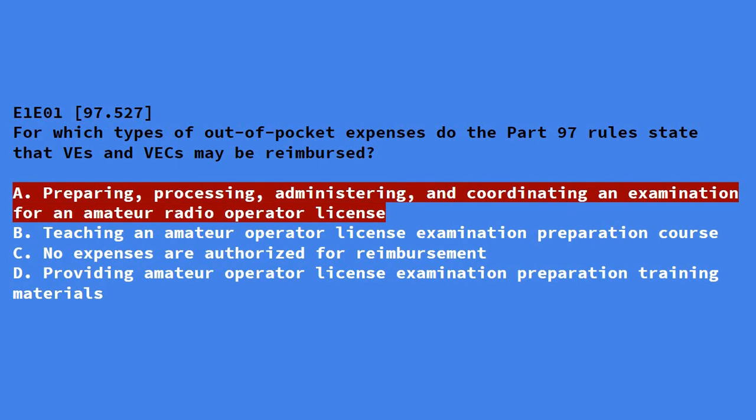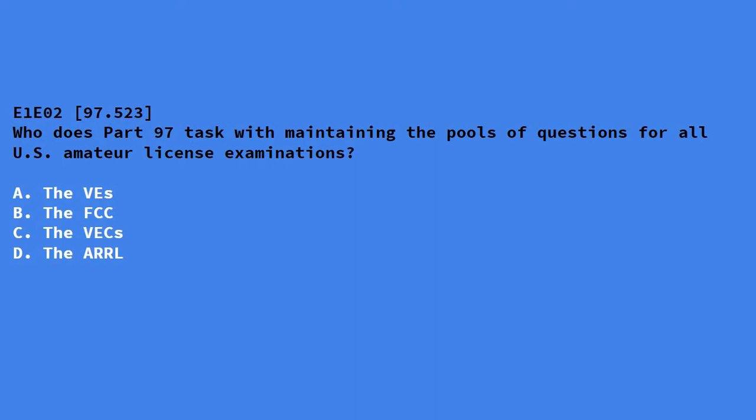Answer is preparing, processing, administering, and coordinating an examination for amateur radio operator license. E1E02, who does Part 97 task with maintaining the pools of questions for all U.S. amateur license examinations? Correct answer is C, the VECs.